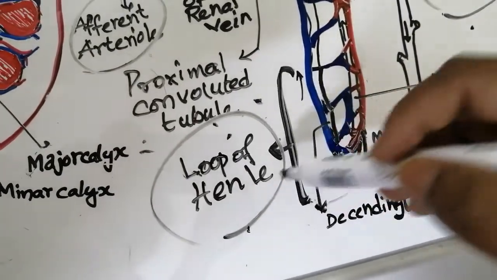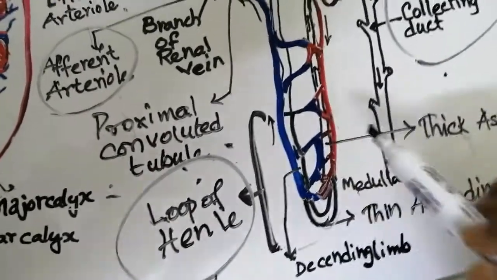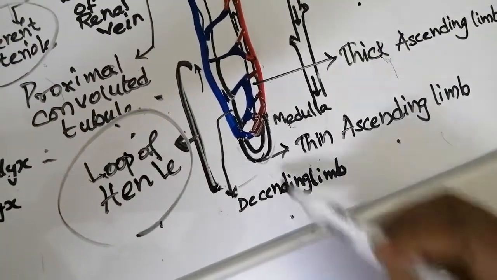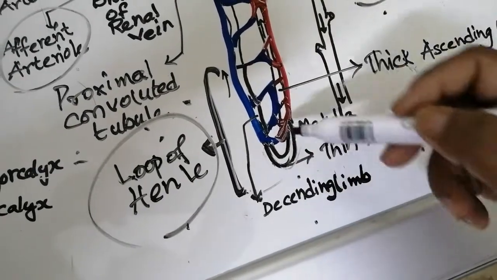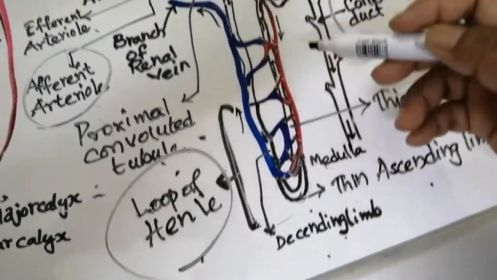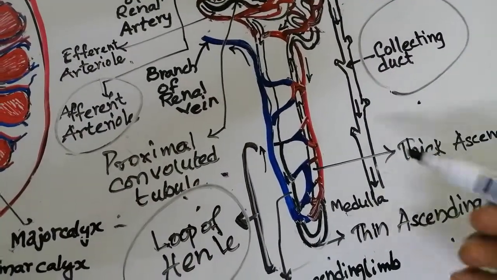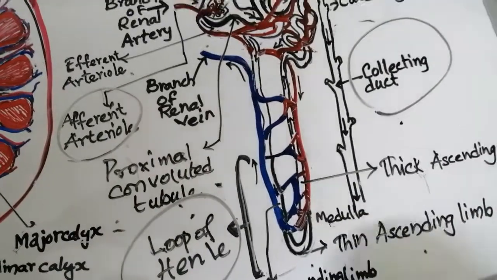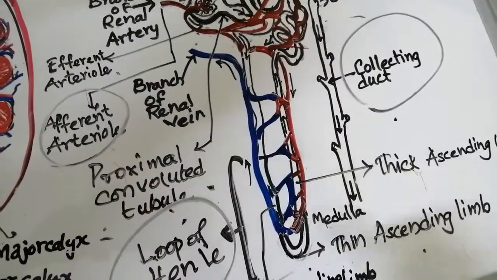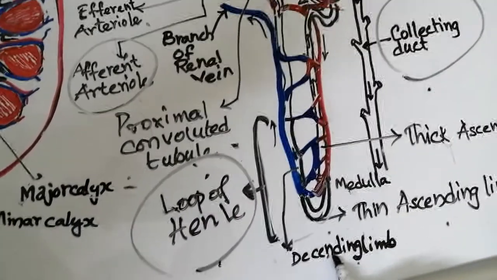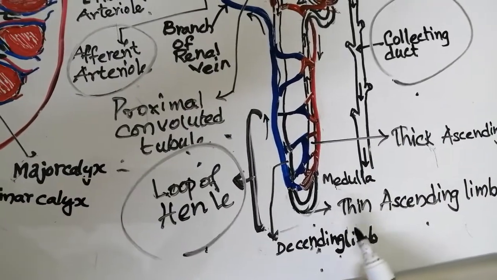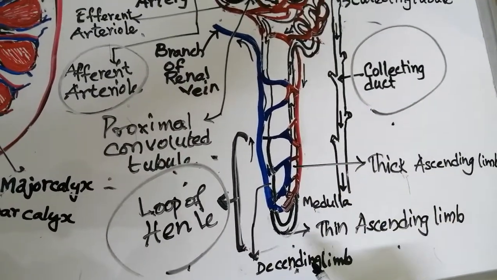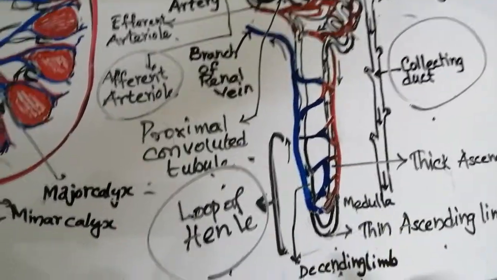This part is called the loop of Henle, and it contains an ascending limb and a descending limb, because here below we find a very thin limb, and above it is somewhat thicker. The ascending limb is thick walled and impermeable to water, while the descending limb is thin walled and permeable to water. This mechanism plays a very important role in the absorption of water in the loop of Henle.